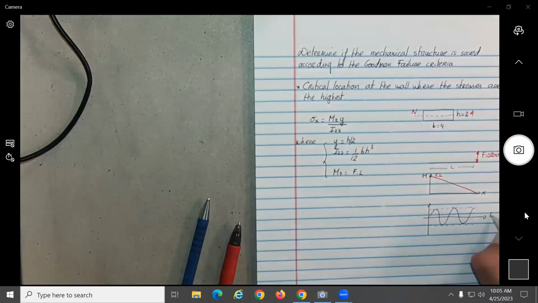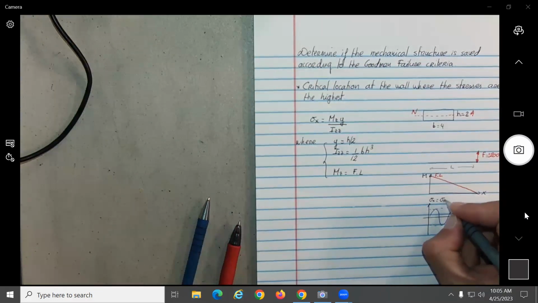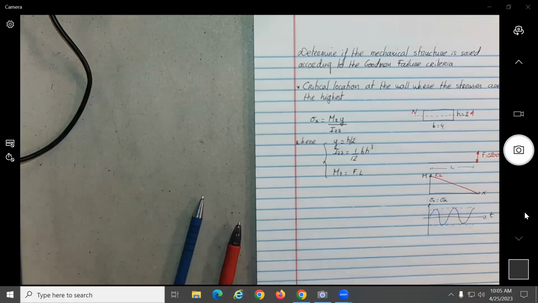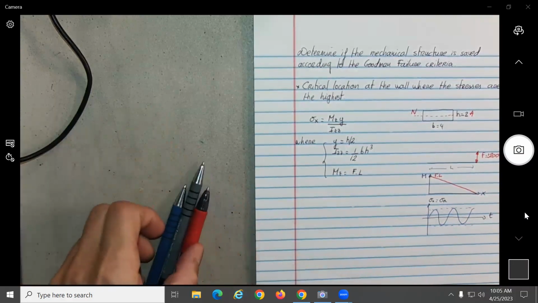This is time. And this one, they call it sigma x, but it will be really alternating. Should the moment also be alternating from positive to negative? Correct, that's exactly what we're doing. That's why it's going this way, positive, negative. That's exactly what I was trying to show.